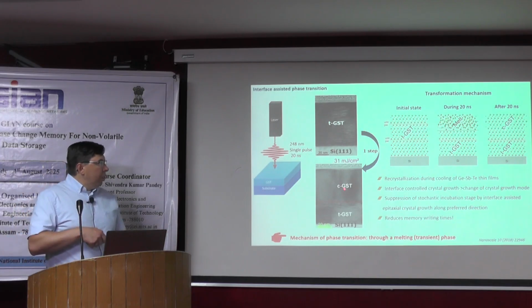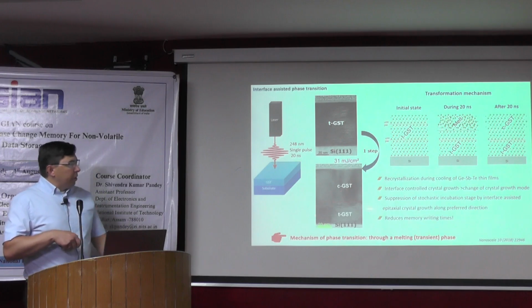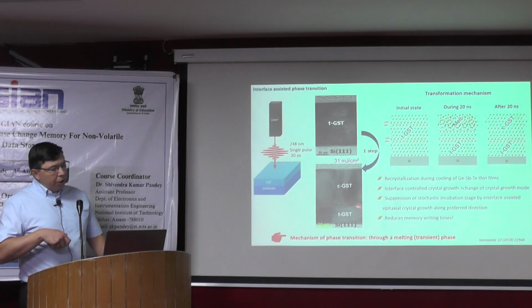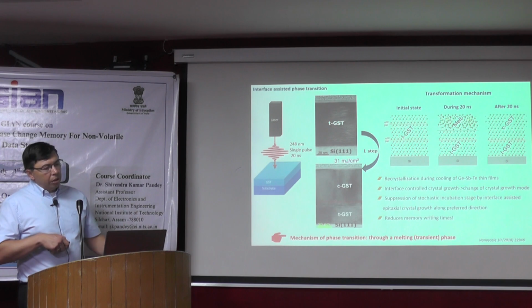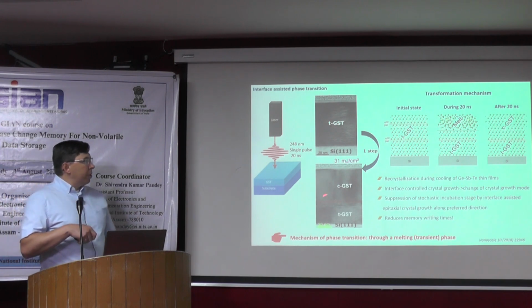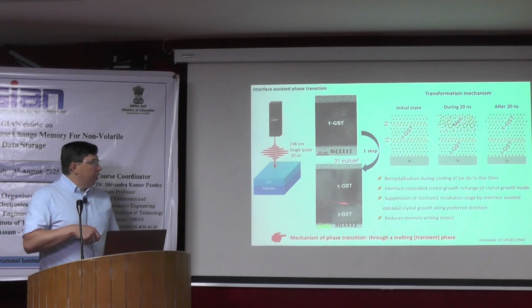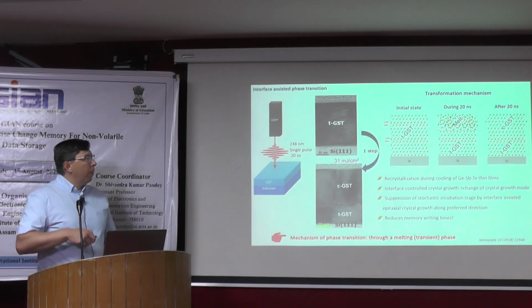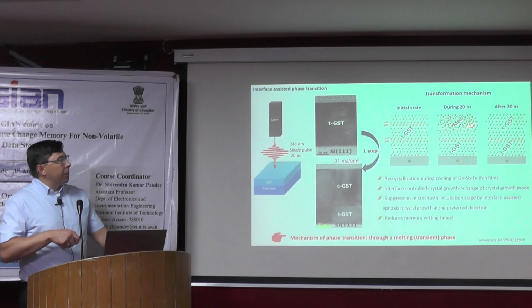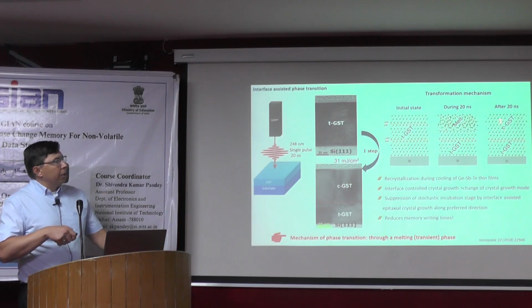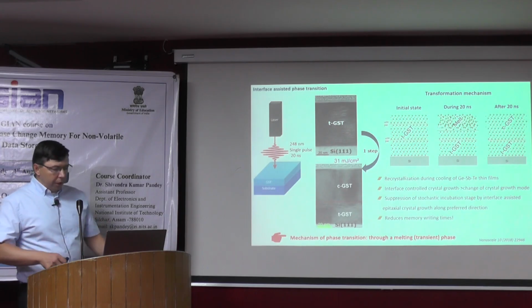Interestingly, although there is a template in the case of TGST, and we would assume that the vacancy layered phase could be formed here, no, it's not formed. Somehow during this process the system forgets about the previous structure, and then there is a transformation to the metastable CGST phase.